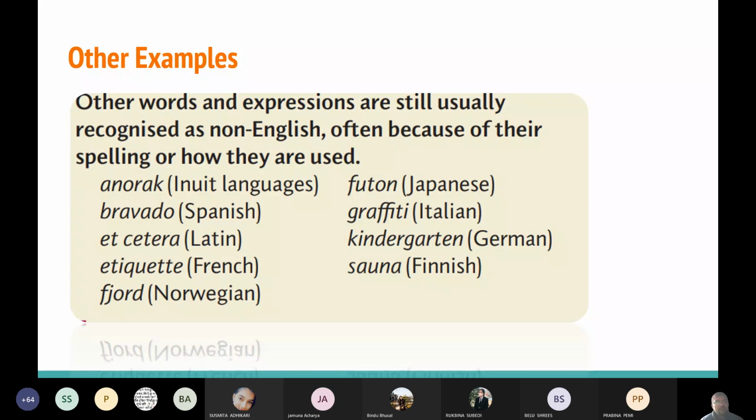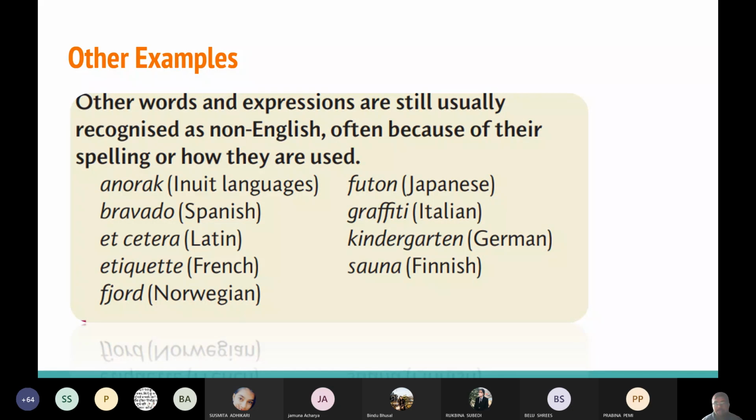Here, anorak is taken from an Inuit language. Bravado, bravo, is taken from Spanish. Etc. is taken from a Latin word. Etiquette is taken from a French word. Forge is taken from a Norwegian word.